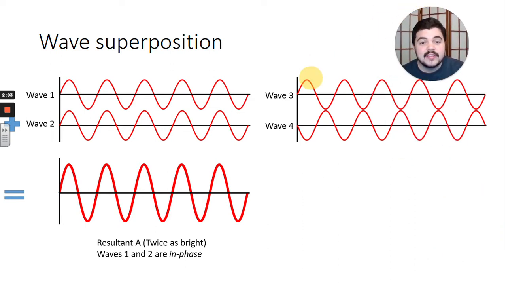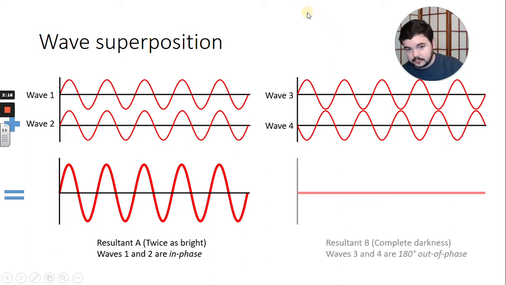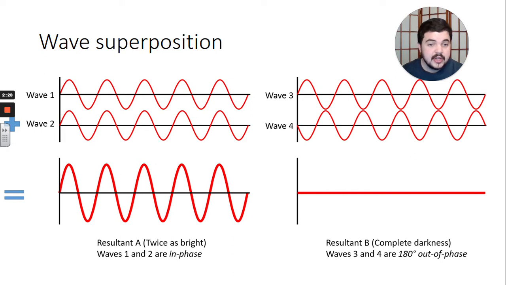So we have the crest of wave 3 lining up with the trough of wave 4, and the trough of wave 3 lining up with the crest of wave 4. And when you add those two waves together, your resultant B here is complete darkness. That's because waves 3 and 4 are 180 degrees out of phase with each other.